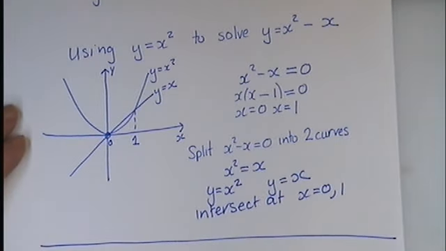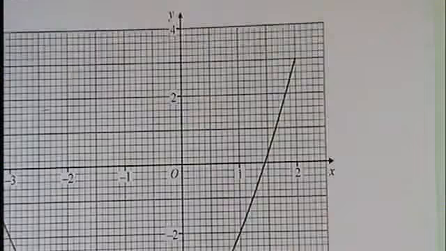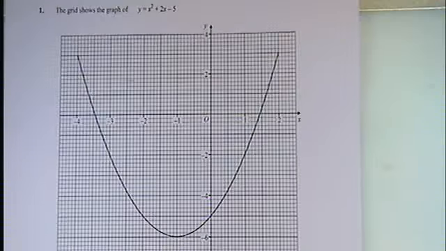Now going to have a look at some typical exam questions to have a look at the wording and the information that we're given. Okay, so here we have a fairly typical exam question.